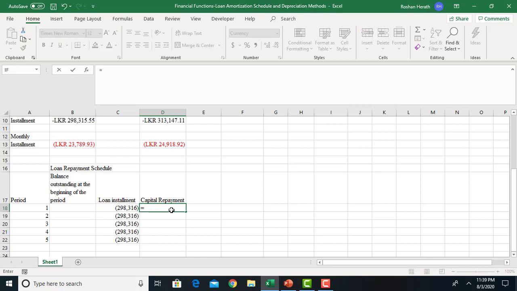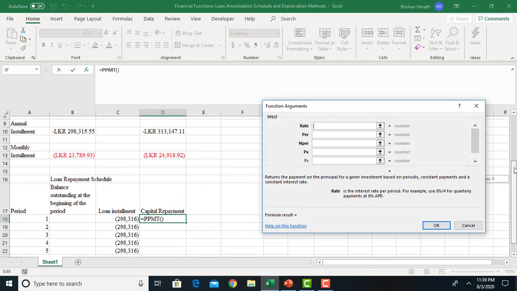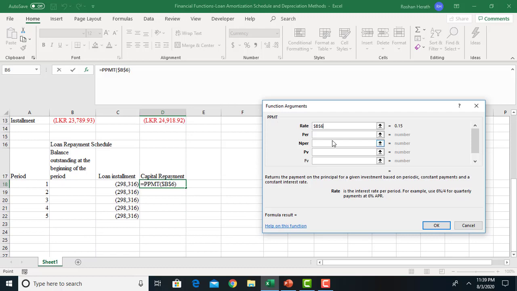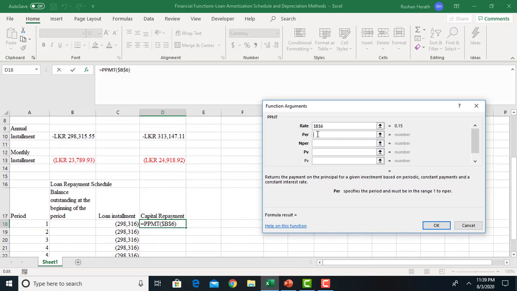Now we may come to the capital repayment, and we may see what the function is. We should get PPMT. Here it helps to identify the capital repayment in a particular loan installment. So you can specify the rate as usual, make it constant, and the PER. This is the newly added information, which is different from the PMT function.